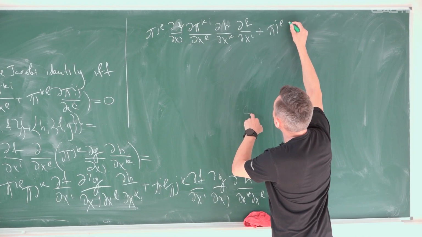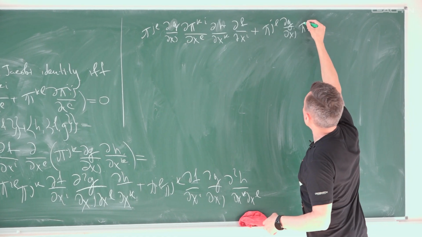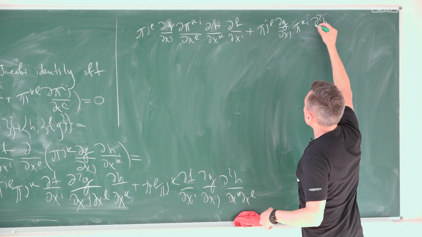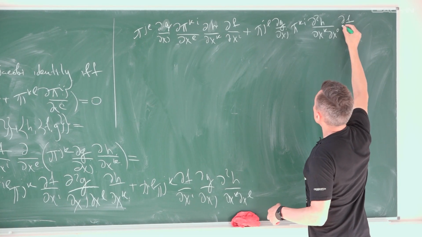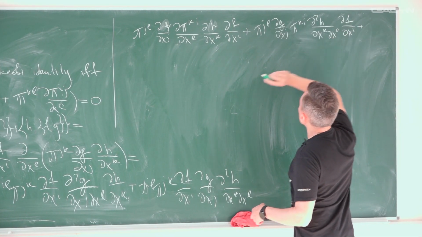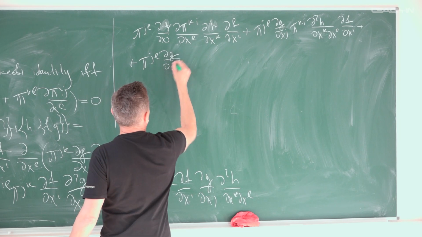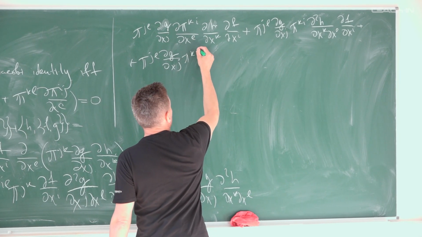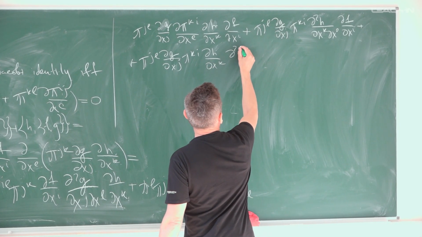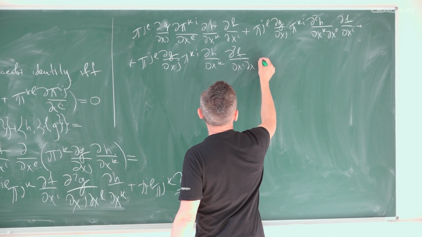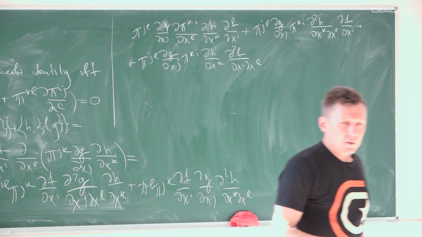π^{jl} ∂g/∂x^j π^{ki} ∂²h/∂x^k∂x^l ∂f/∂x^i, and plus π^{jl} ∂g/∂x^j π^{ki} ∂h/∂x^k ∂²f/∂x^i∂x^l. So this is the second term in this equality.